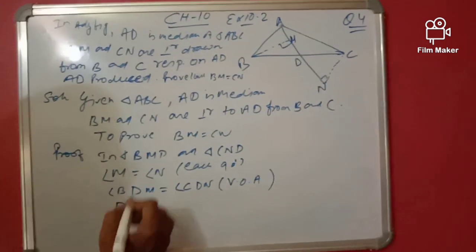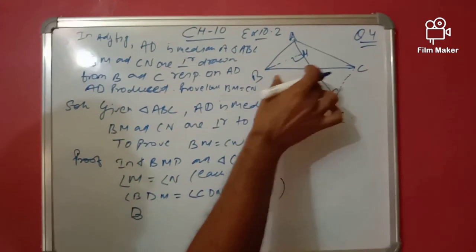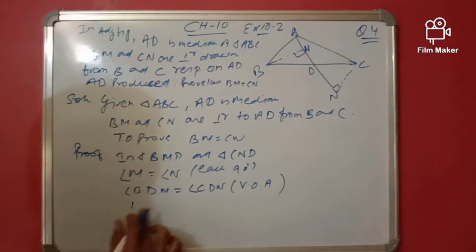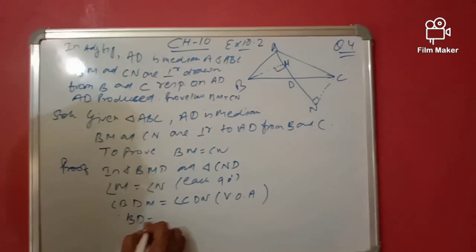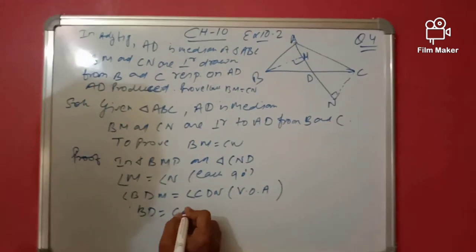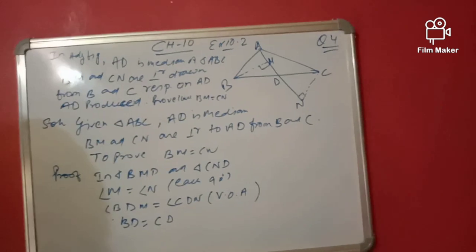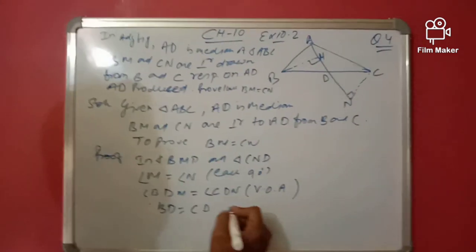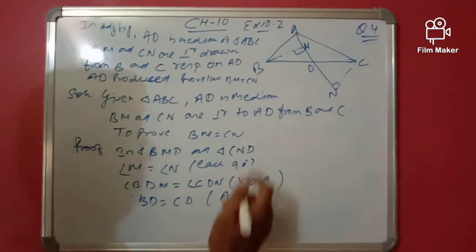And BD equal to CD because as we know AD is a median.